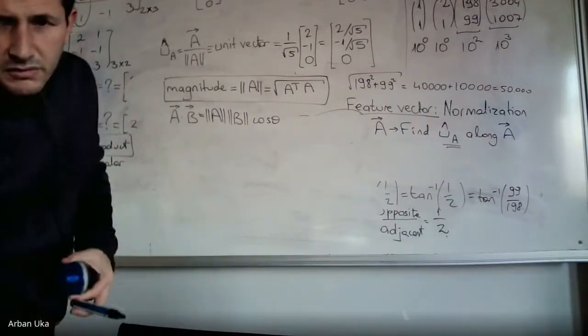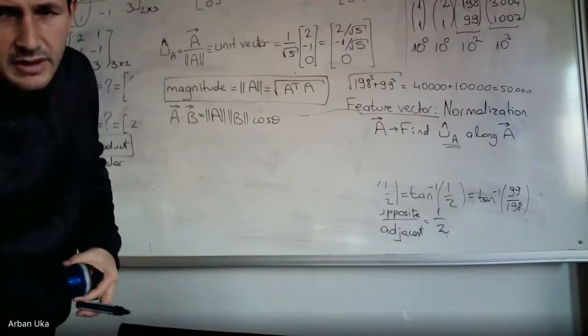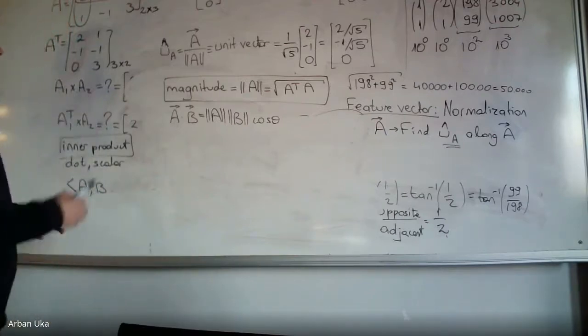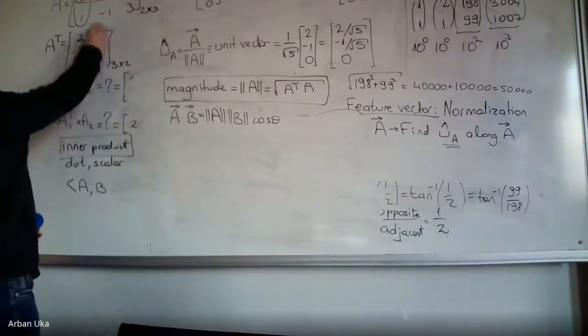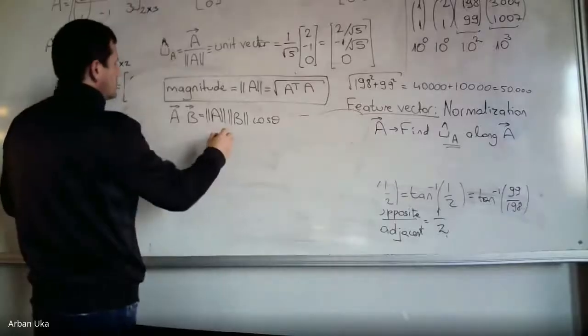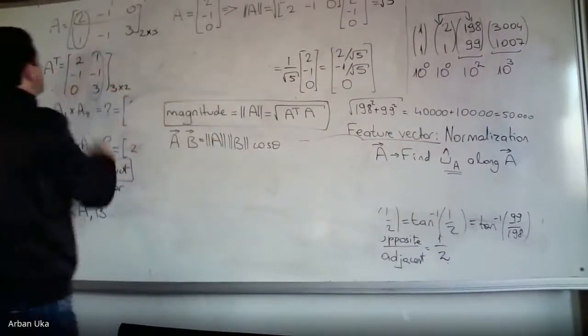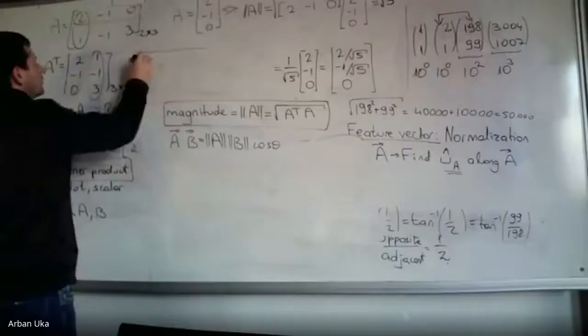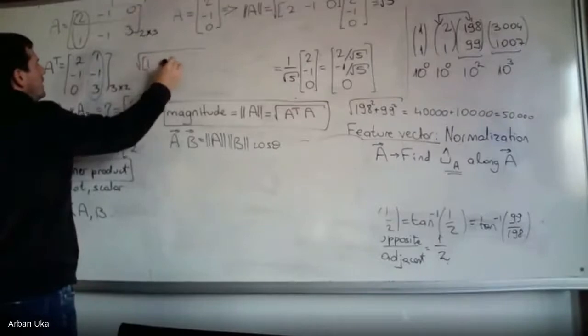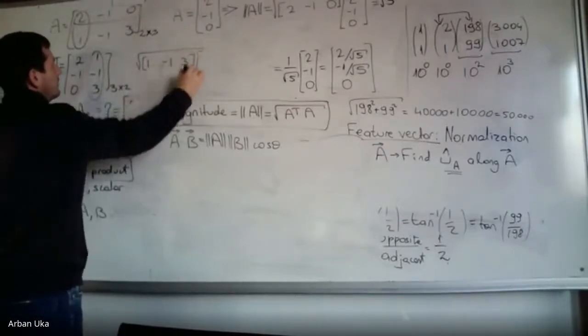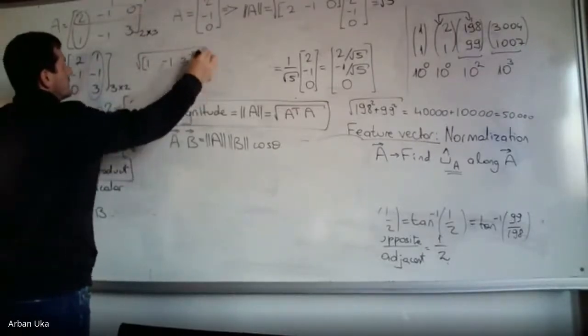Then I can ask for help from Claudia. Claudia, what is the magnitude of B? It's the square root of B transpose multiplied by B. So this means the magnitude is the square root of 1, minus 1, 3, multiplied again by 1, minus 1, 3.